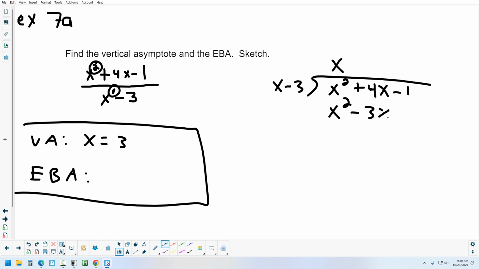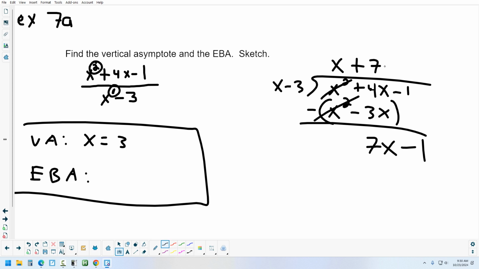We're going to subtract. That's gone. What's 4x minus 3x? 7x. And we really don't even need to bring down the 1 because that's going to be part of the remainder. We just need to do 7x divided by 1x. 7. That's your EBA.